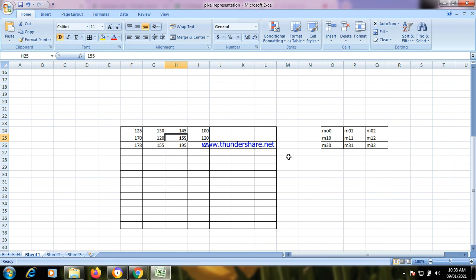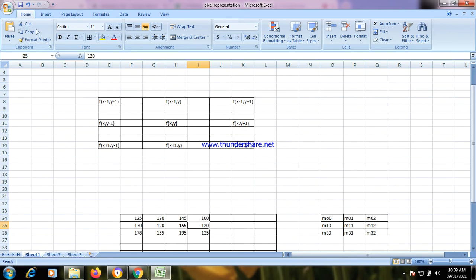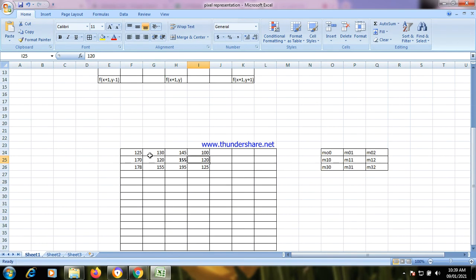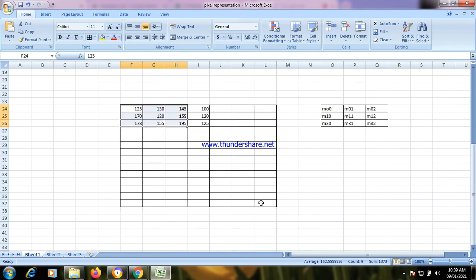The minimum mask you can expect is 1, hence g of xy equals f of xy, meaning you are operating on a single pixel value. You can move this 3 cross 3 mask until the bottom right.